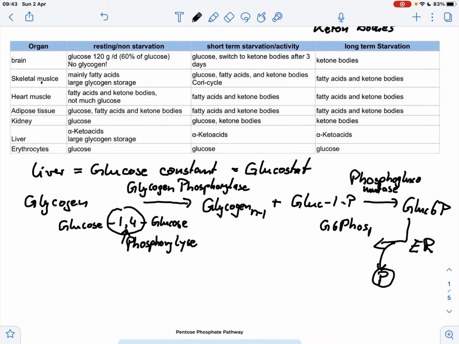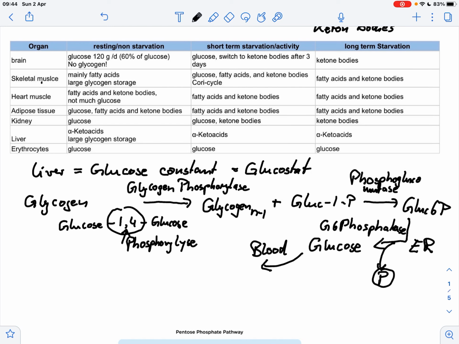It will remove the phosphate, and we end up with glucose. And this glucose then is transported into the bloodstream, where it will be available for the erythrocytes.